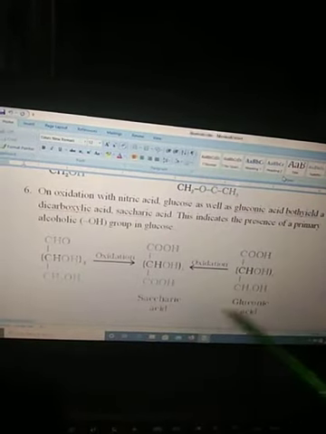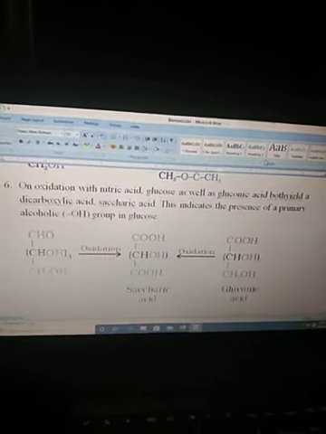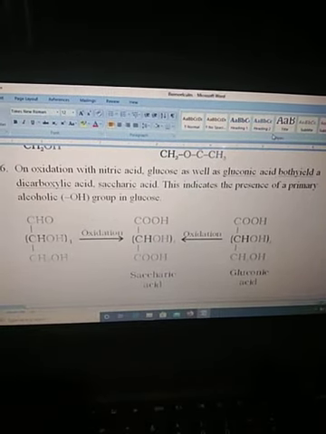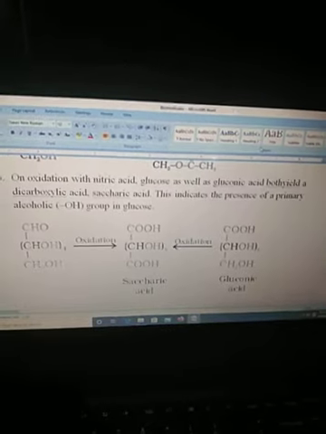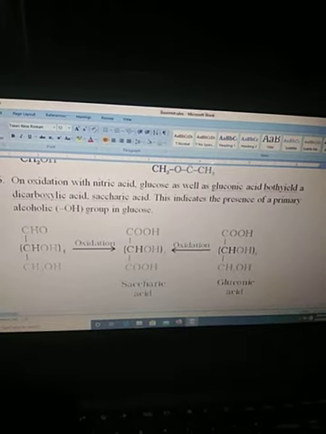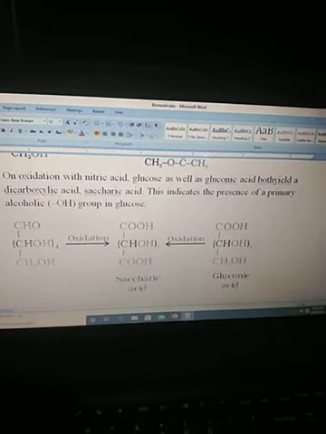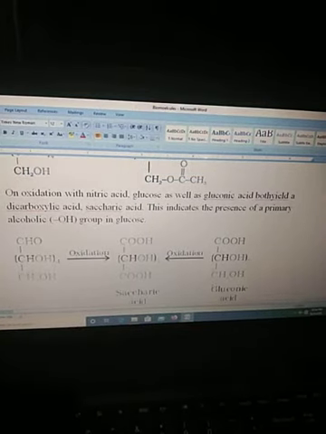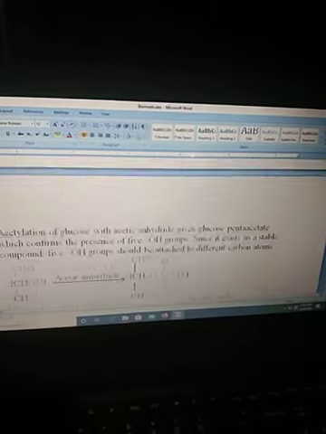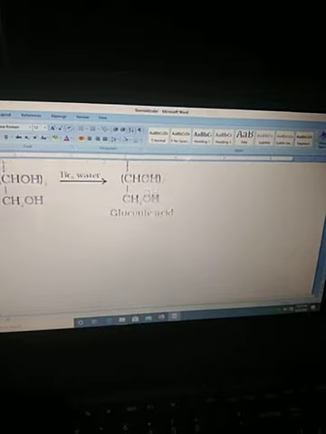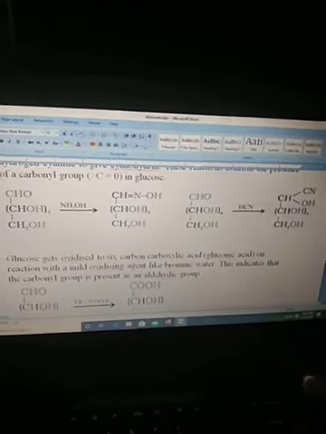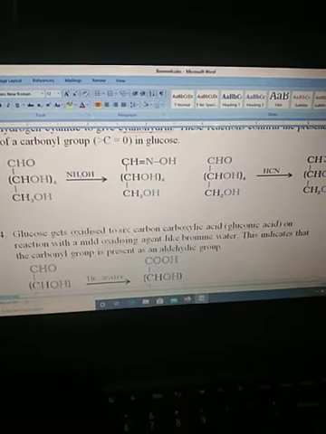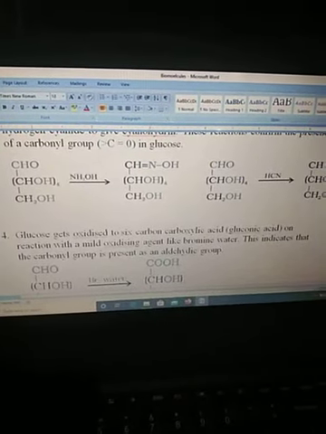So by all these experiments we came to know that with the HI reaction, all the 6 carbon atoms are in a straight chain. With the second one we came to know that we have a carbonyl group, and we proved it is an aldehyde.